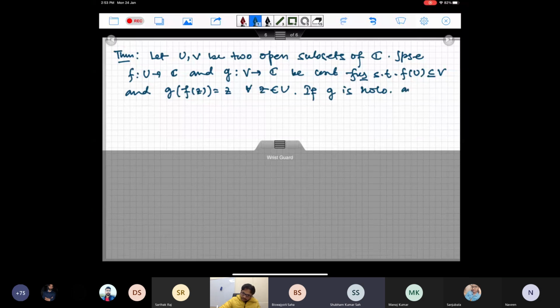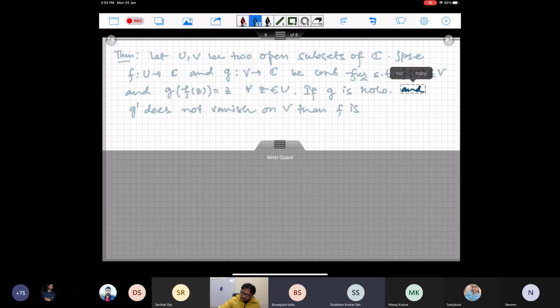and g' does not vanish on V, then f is holomorphic.